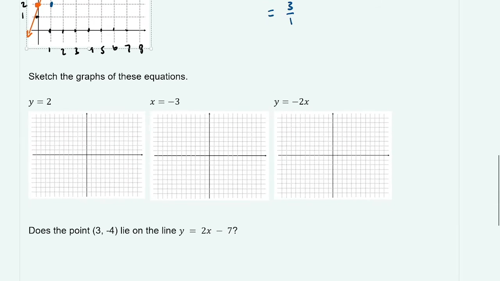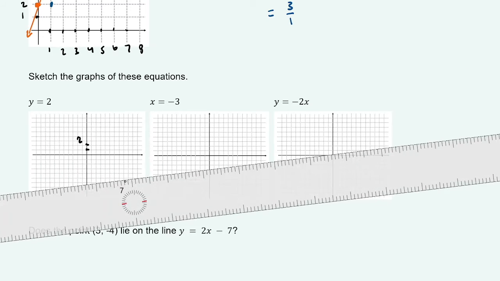We're going to graph these equations. Now our first one, it looks like the y equals b option that we had before. So I'm just going to go up 2. There's my 2. I might put it in a better spot. And I'm just going to put my line across the horizontal.